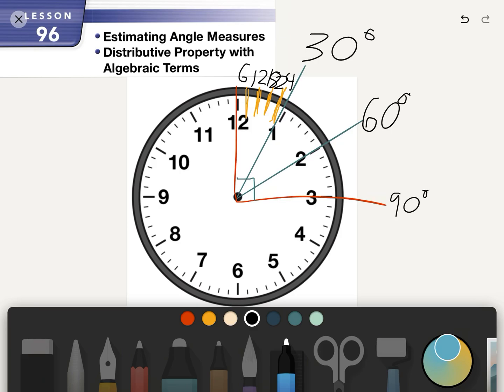So every minute on the clock represents a 6-degree angle shift. Every number on the clock represents a 30-degree shift. And we could just keep on using that all the way around. So at 120, this could be 150, and so forth.